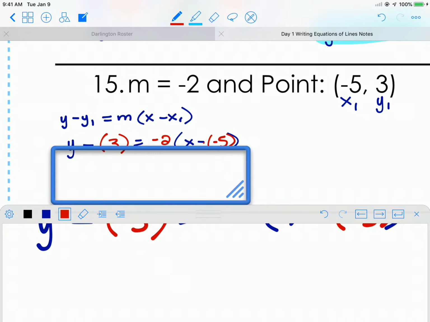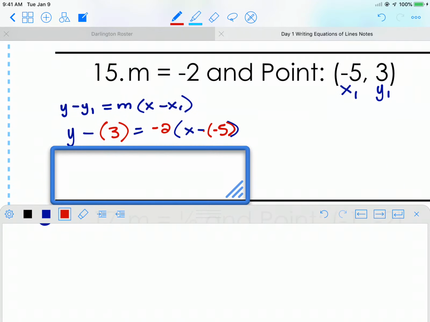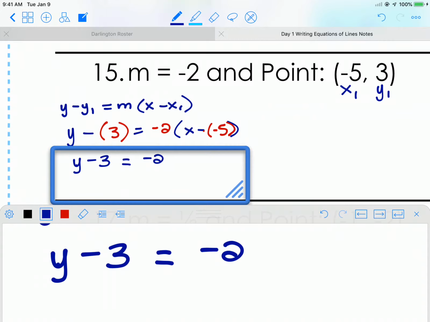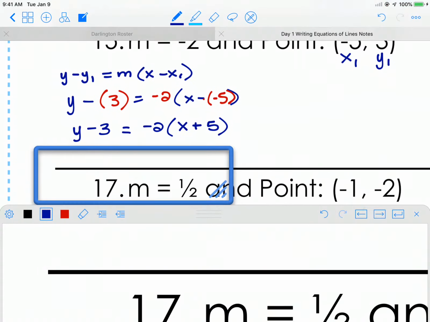Okay. So like I said, every now and then we've got to clean that up a little bit. So I've got y minus 3 equals negative 2 times (x plus 5), because a double negative makes a positive, but two wrongs never make a right.